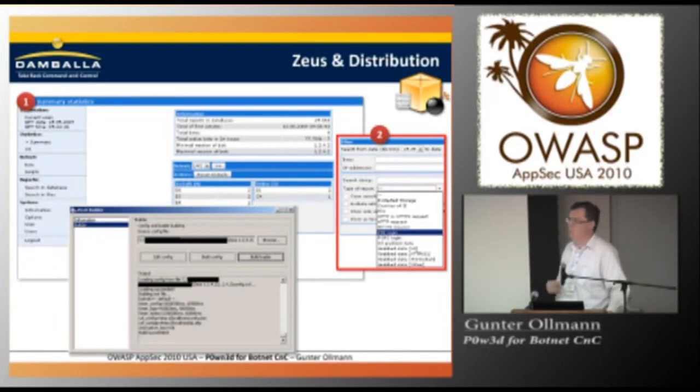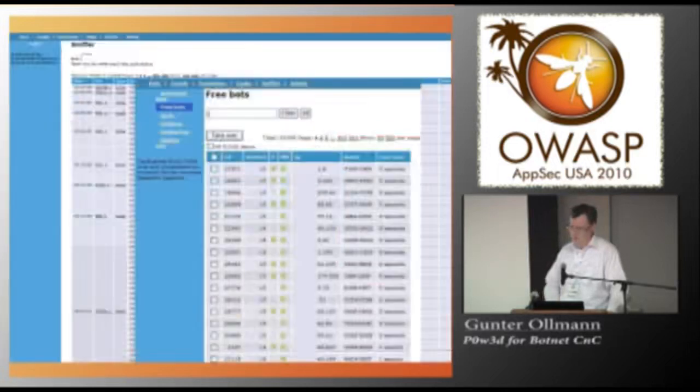And this bottom one here is the Zeus builder. This is the agent that you would run on your machine to generate polymorphic malware variants of Zeus and guarantee that it has no AV detection before you release and infect machines with it. The types of interface you have here, this is one particular botnet that is focused on password stealing for email accounts, and this is the sniffer view, so it's actually gathering all this data in real time.